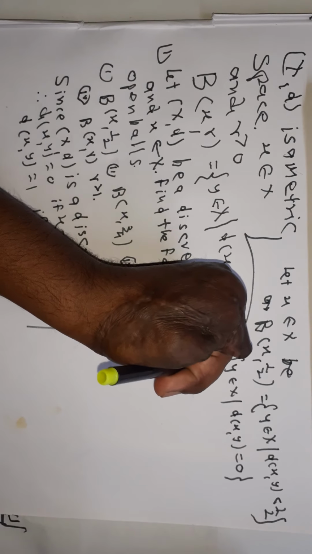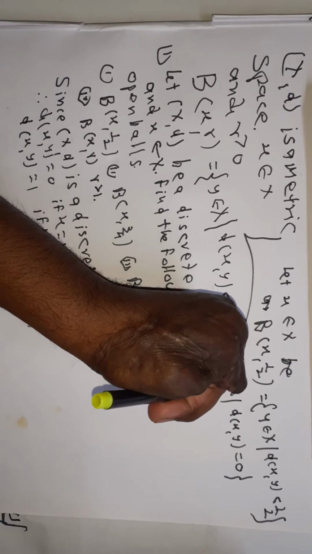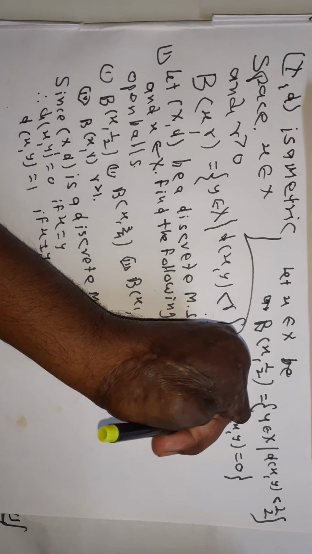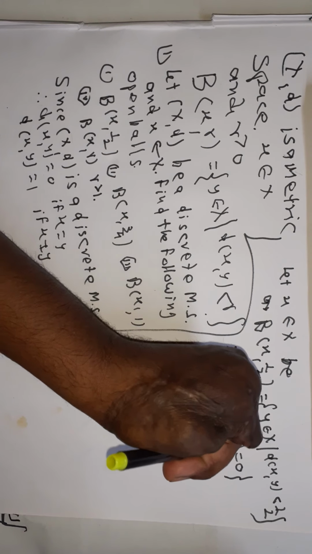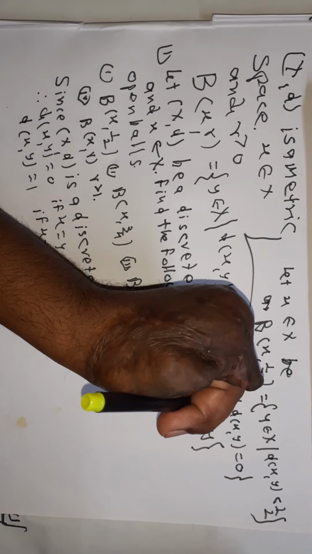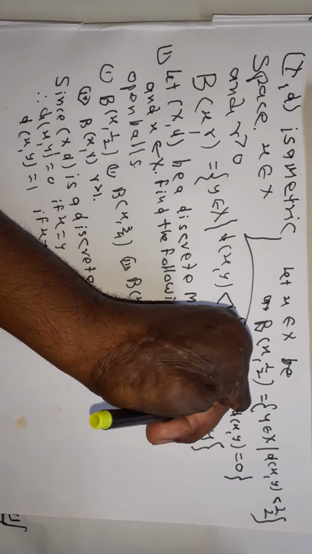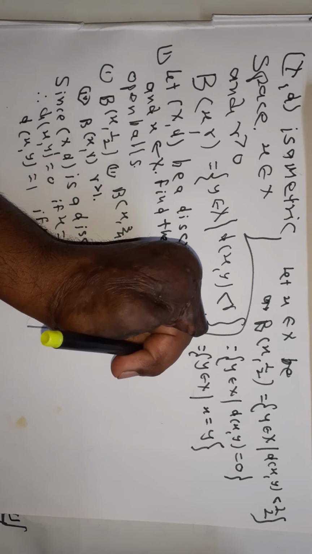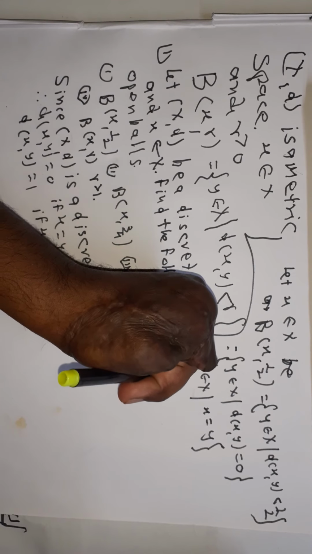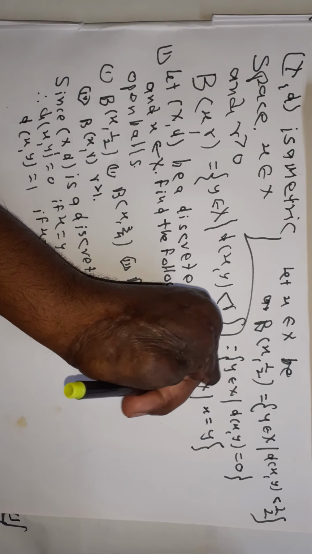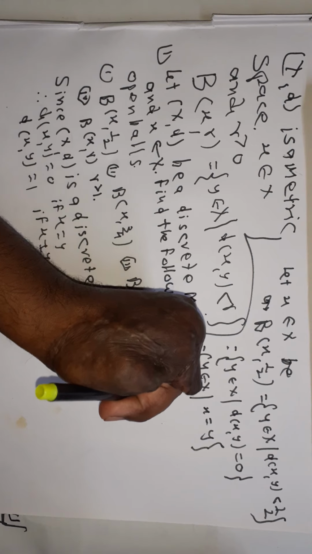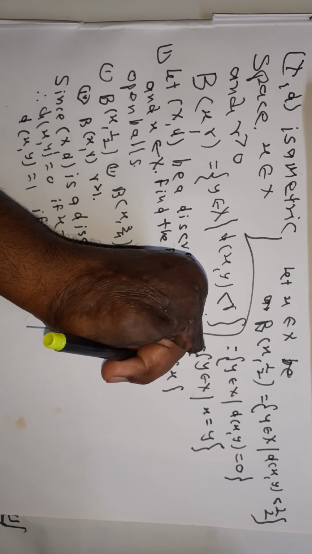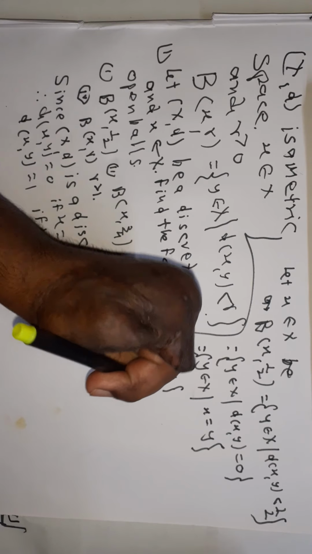Therefore it is the set of y belong to X such that x and y are the same. Therefore, the open ball centered at x with radius half is the singleton set {x}. So the ball B(x, 1/2) is equal to {x}.